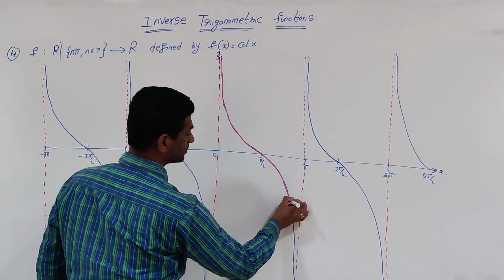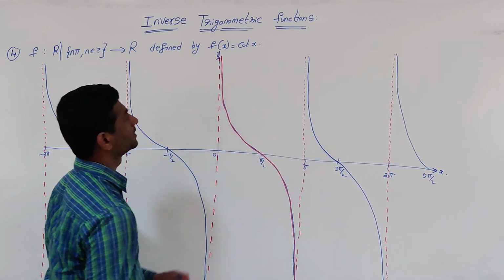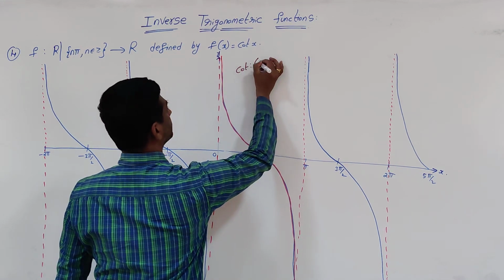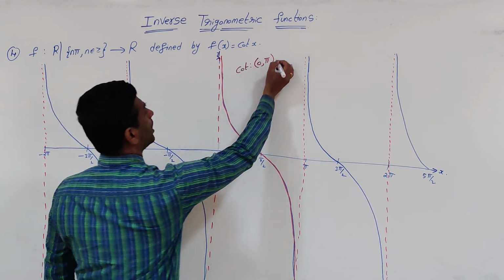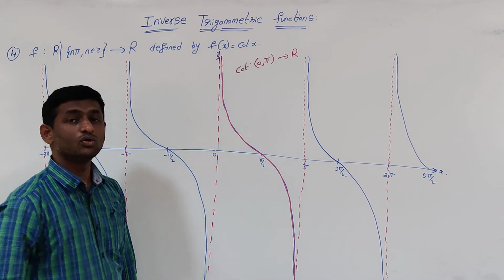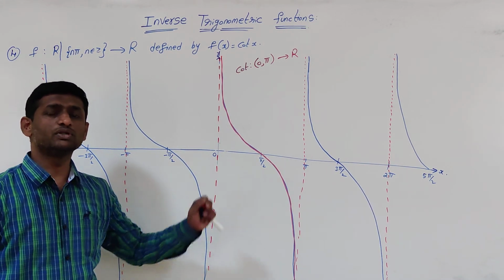If we restrict our domain to 0 to pi, meaning the open interval 0 comma pi, because 0 and pi are not defined, to R, then this function will be one-one as well as onto. If it is both one-one and onto, it is a bijection.